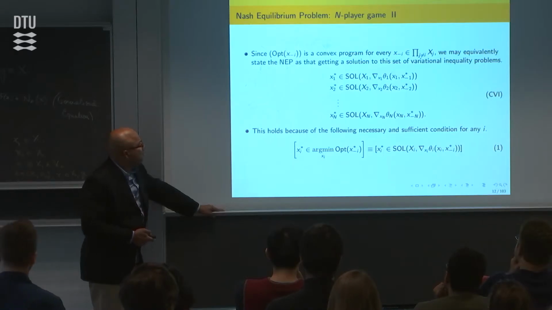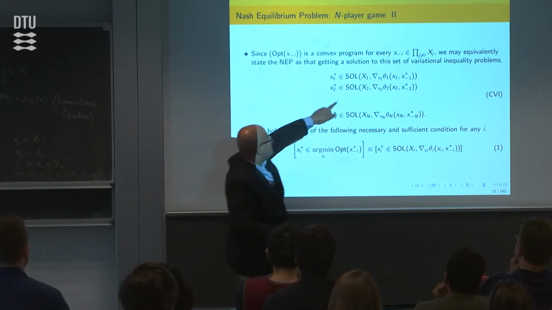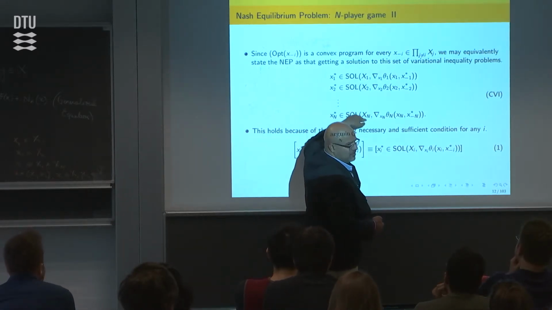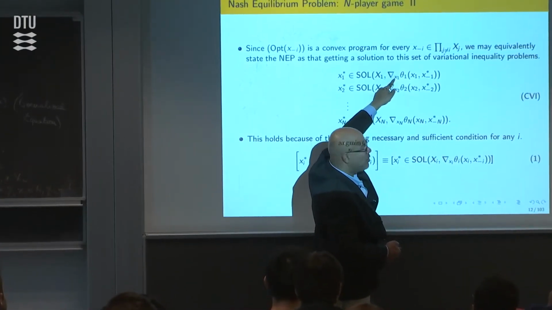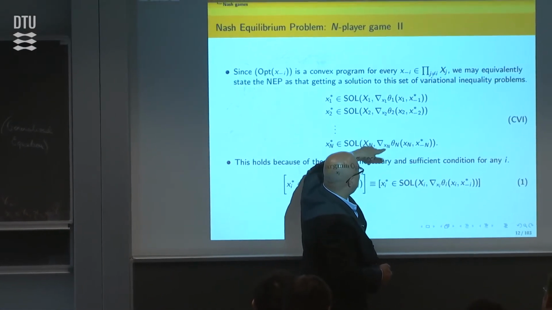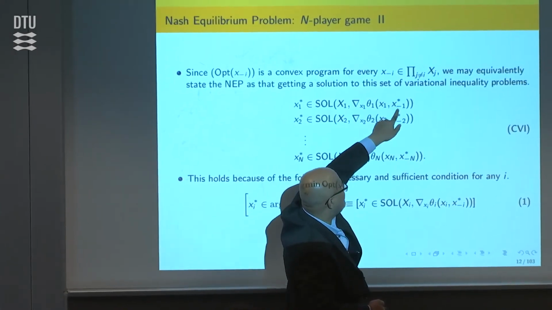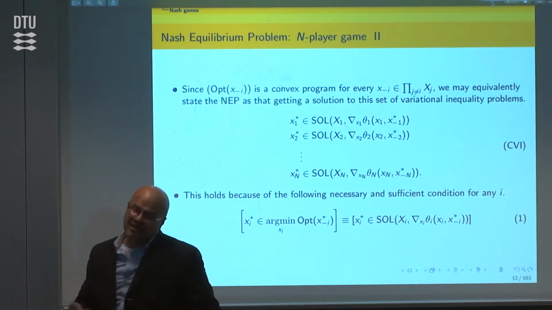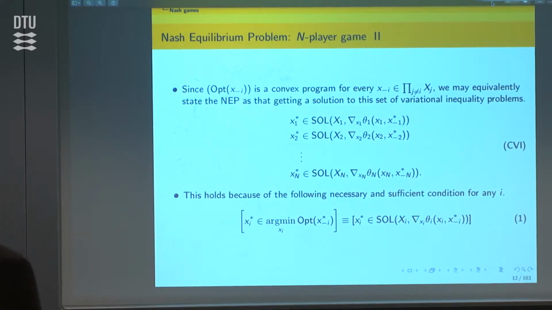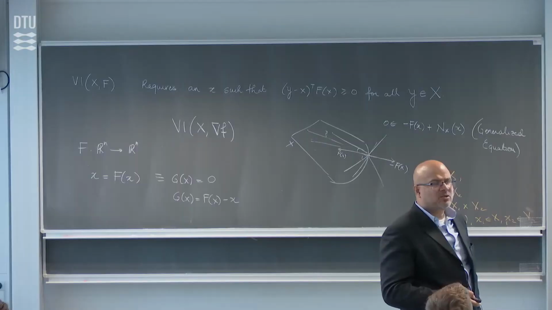Now what have I done here? These are the sets, the feasible regions. These are the gradients corresponding to each player's cost function, parameterized by rival decisions at the optimal equilibrium level. So why is it x1 comma x_{-1} star?